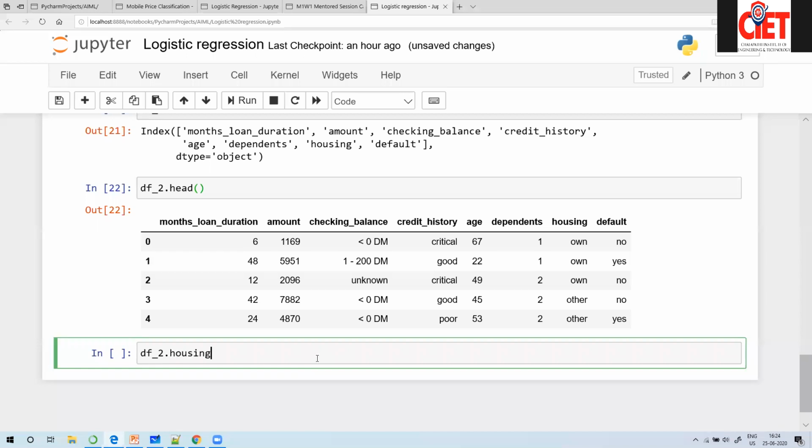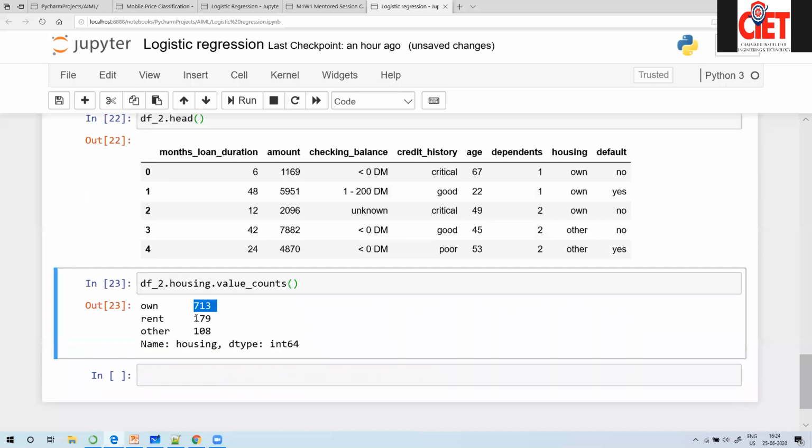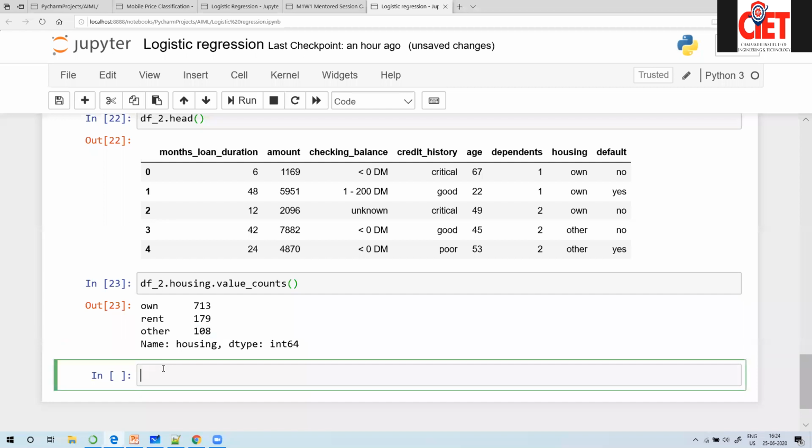Housing.value_counts. This way you would get how many unique values there are and the frequency for each of them. For own, there are 713 observations. Rented, there are 179 observations, and other, 108 observations. So there are 3 values here. Let's convert this to dummy values and see how we can do it.